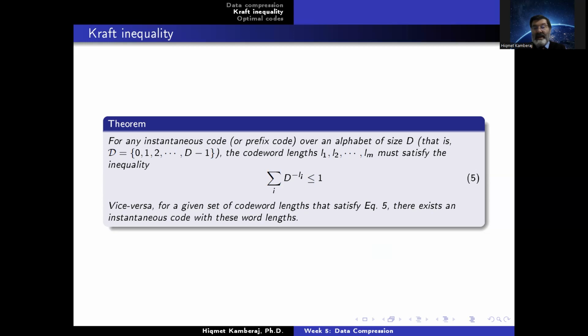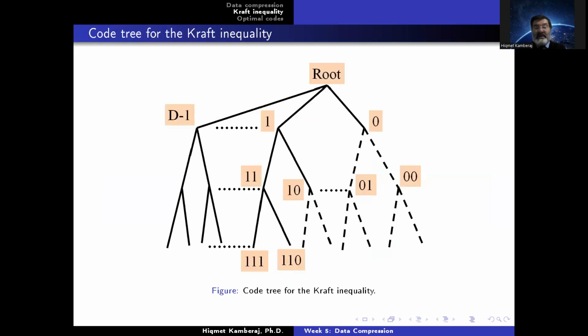First, we can start building up the so-called code tree for the Kraft's inequality. Always you start with some root. Then the following nodes include the symbols 0, 1, and so on up to D minus 1. Then the next branch again adds to the first symbols 0 to the right, 1 to the left, and so on.